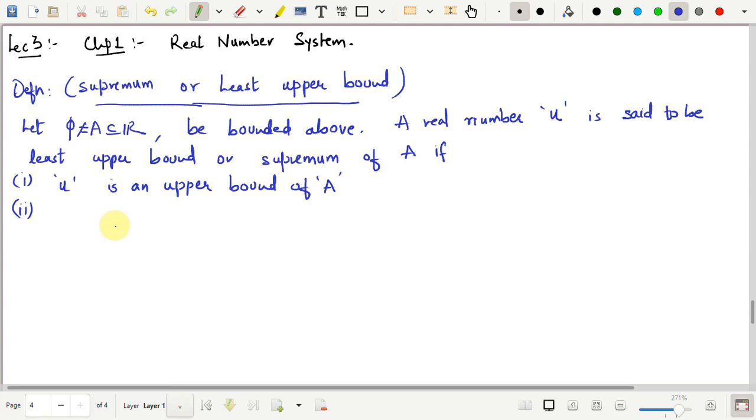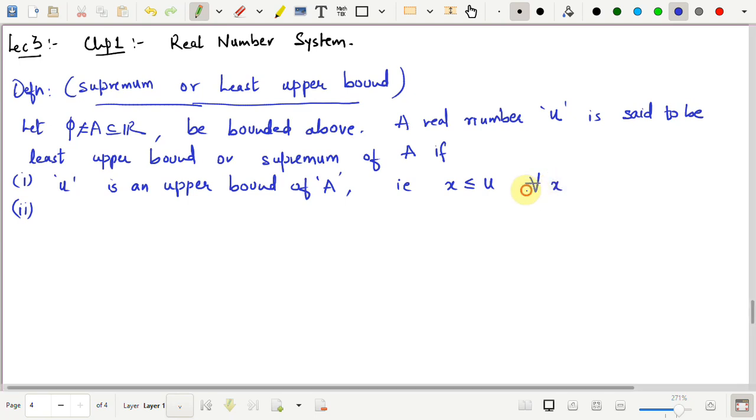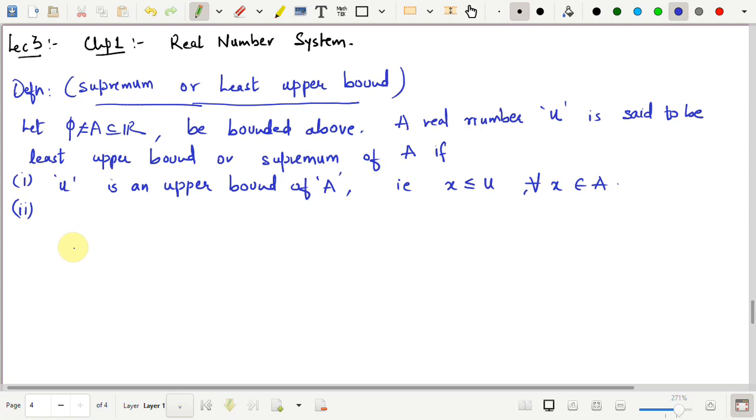So how would we write this down? The first says x is less than or equal to u for all x in A. The second property says that it is the least among all the upper bounds.